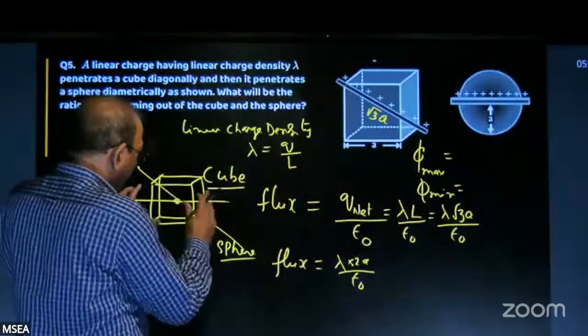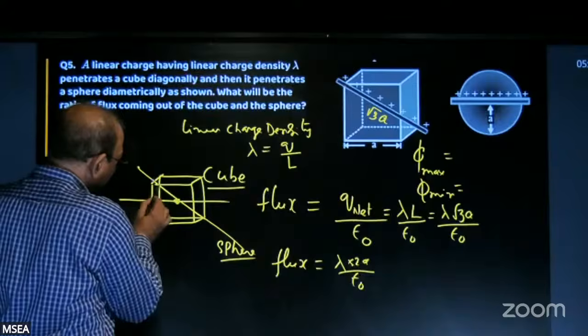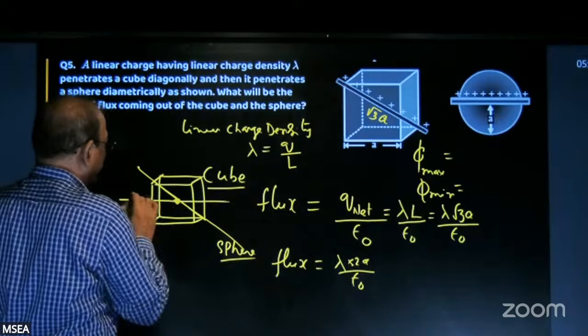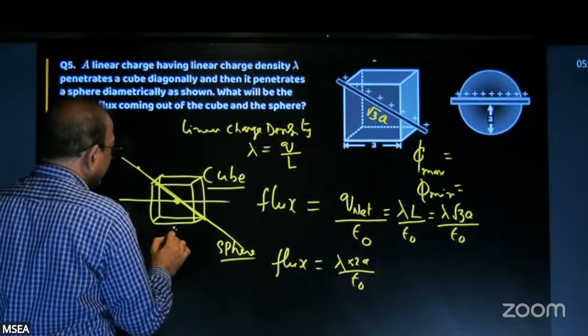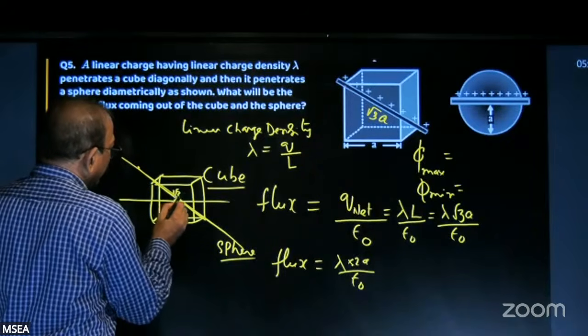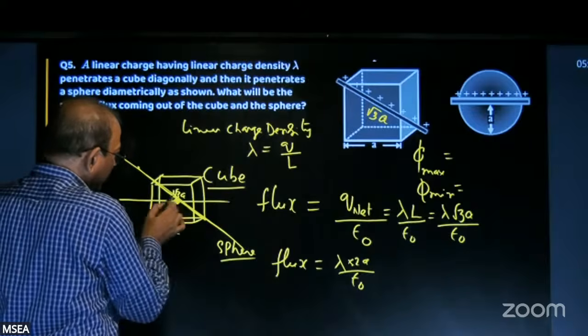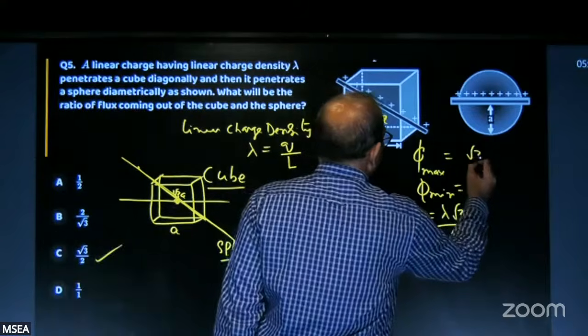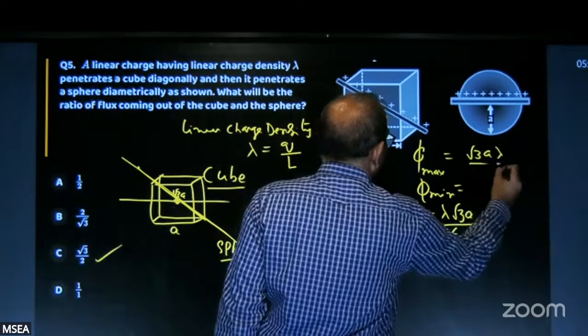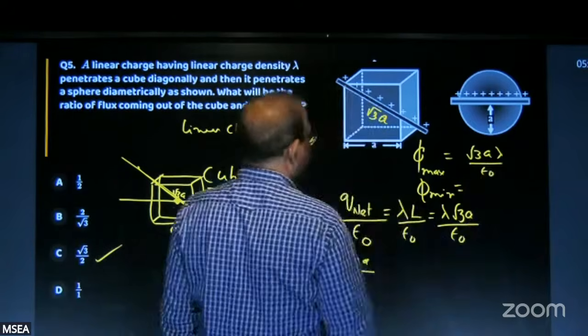In these different ways, the maximum length of the wire will be inside the cube if you arrange it along the diagonal. How much length? If the side length is A, root 3A of the wire is inside. In that case, flux will be root 3A lambda by epsilon naught.